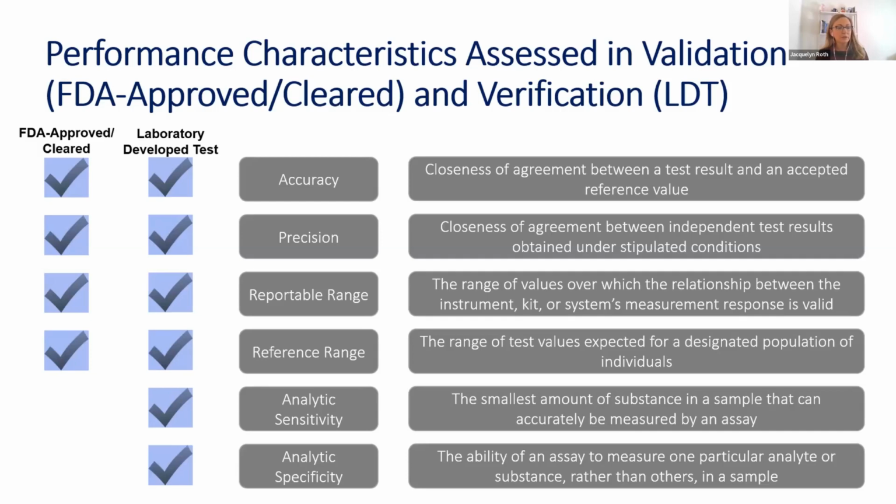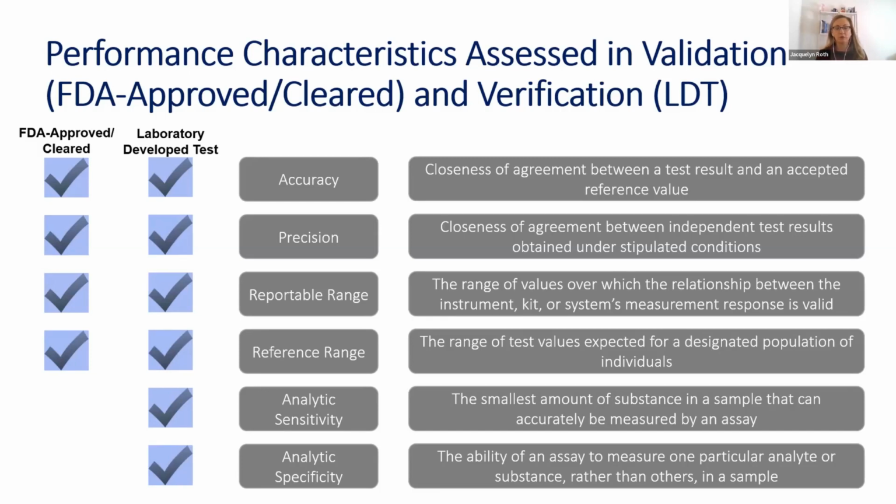Your analytic specificity is the ability of an assay to measure one particular analyte or substance rather than the others. And an example of this would be you would need to show that your assay, if it was designed for TCR gamma, let's say, you'd need to show that you are detecting only TCR gamma rearrangements and not TCR beta.